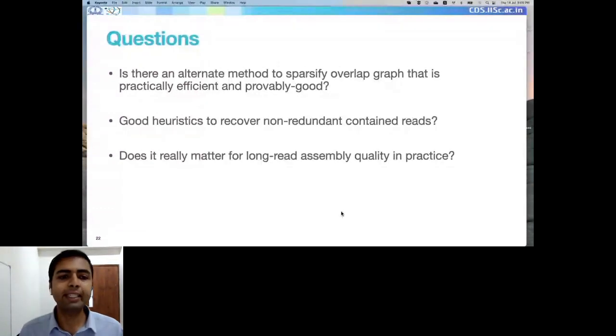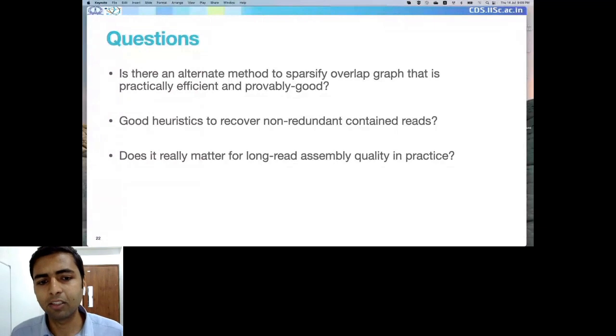Can we have good heuristics to recover non-redundant contained reads, the contained reads that are actually useful to cover the genome? And finally, do these questions matter for long read assembly in practice? Because string graphs are actually being used by the latest assemblers available today. So do these coverage preserving properties matter in practice? We will see that.